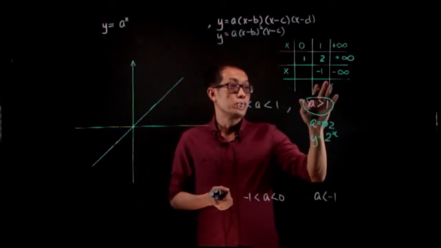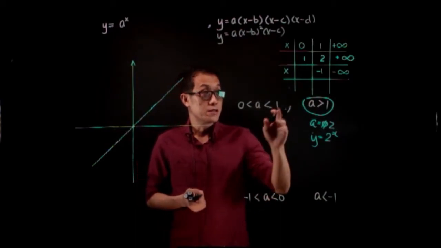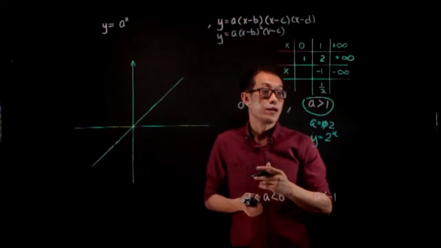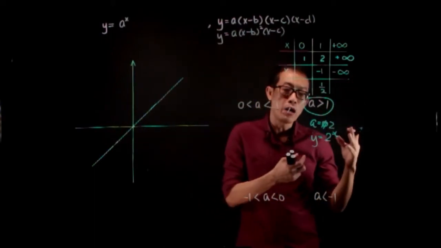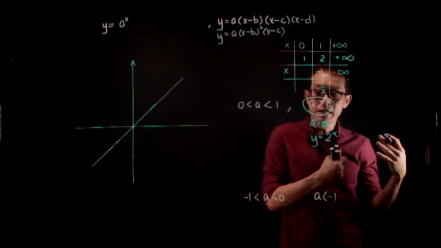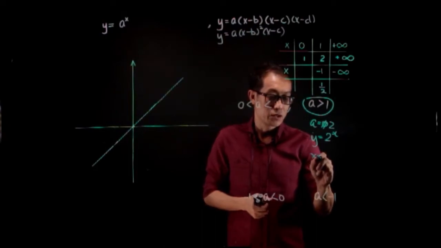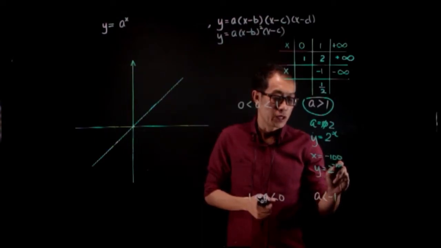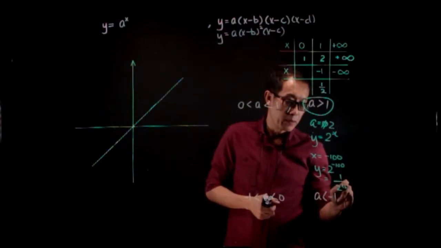Now what happens if it's -1? Then this will be half. If it's negative infinity, 2 to the power of a negatively large number, take for example x equals -100. Then y equals 2 to the power of -100, which equals 1 over 2 to the power of 100.